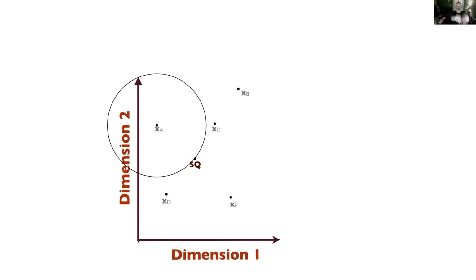We are looking straight down on top of his utility function, all right? And what we've done is we've drawn a circle for all of the combinations of dimension 1 and dimension 2 that give him the same utility as the status quo. In other words, his indifference curve. It shows all of the alternatives that he is indifferent between those and SQ, all right?